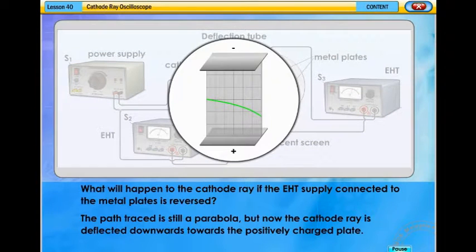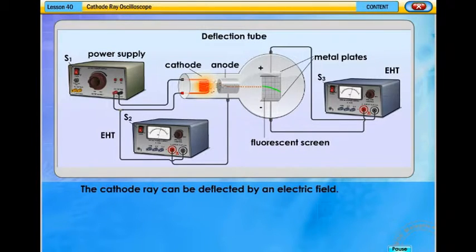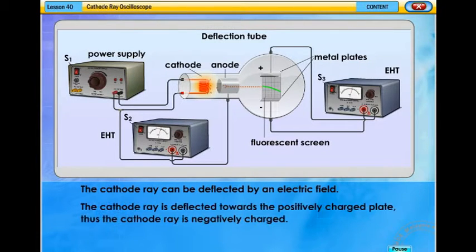The path traced is still a parabola, but now the cathode ray is deflected downwards towards the positively charged plate. The cathode ray can be deflected by an electric field. The cathode ray is deflected towards the positively charged plate, thus the cathode ray is negatively charged.